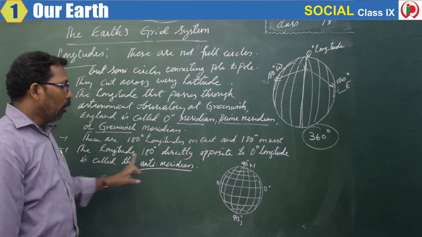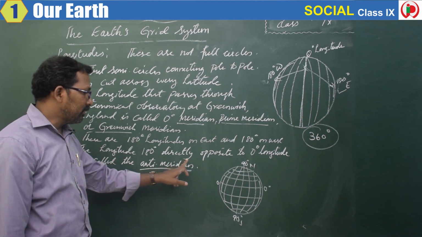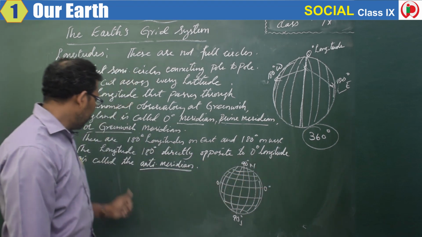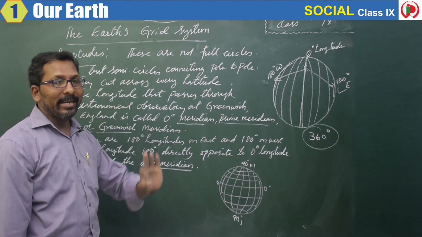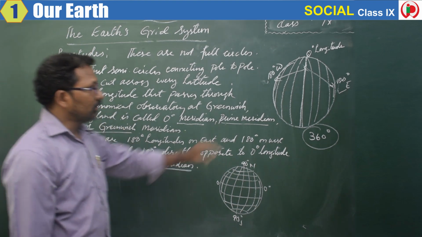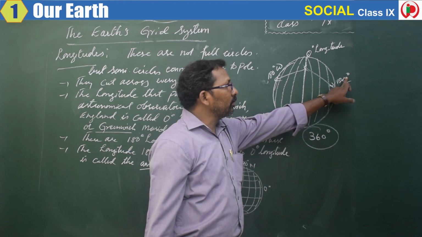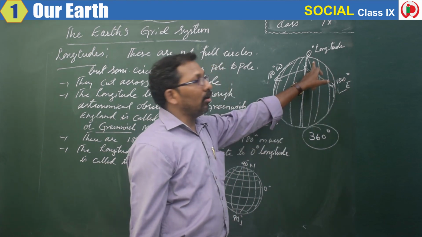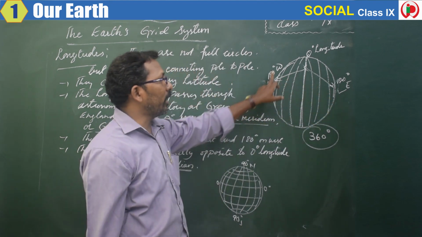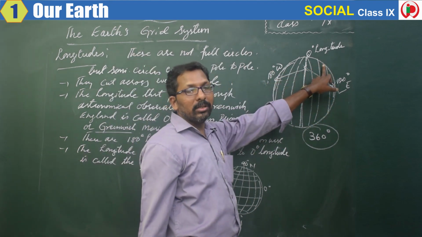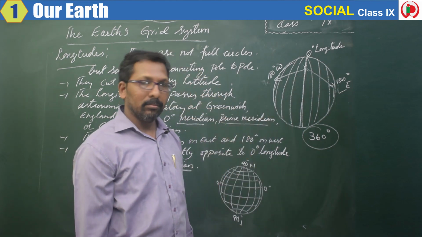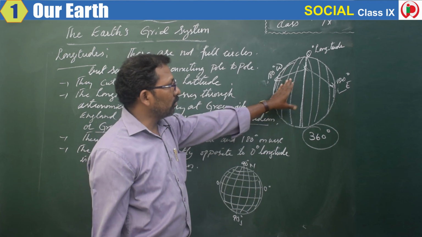The longitude 180 degrees, directly opposite to the 0 degrees longitude, is called the anti-meridian. Okay, dear children, hope you have understood this also.